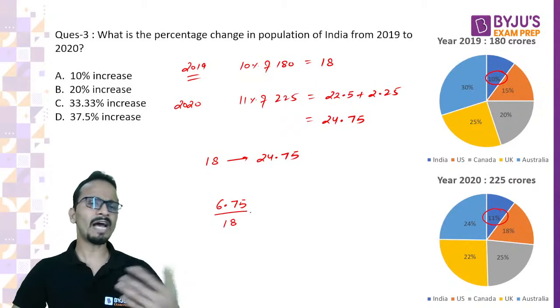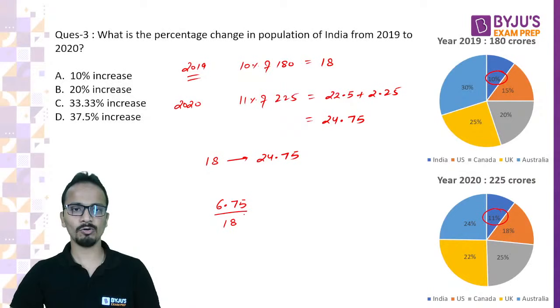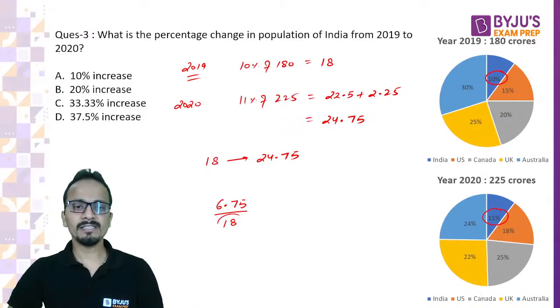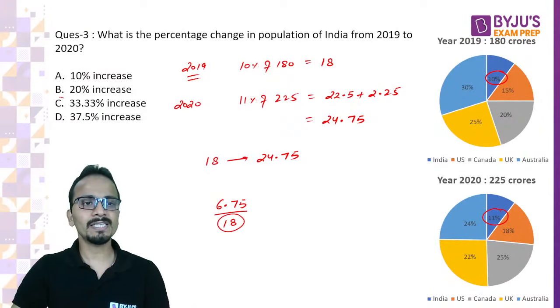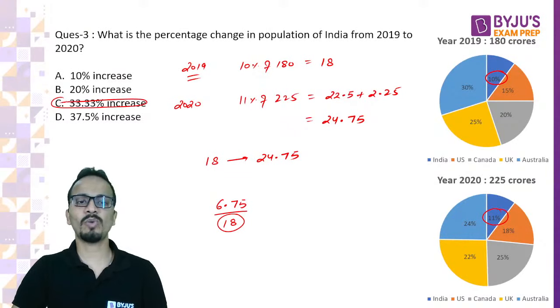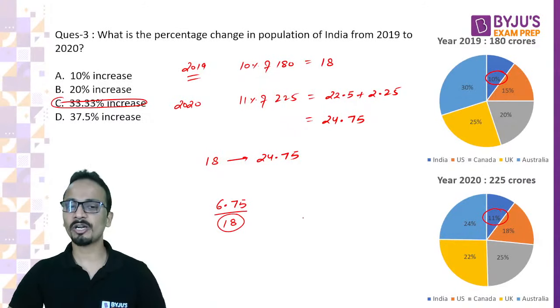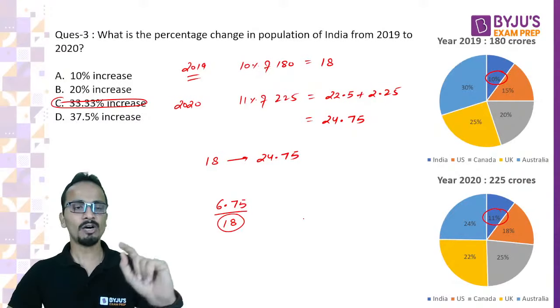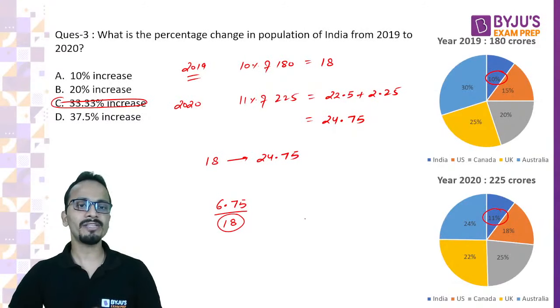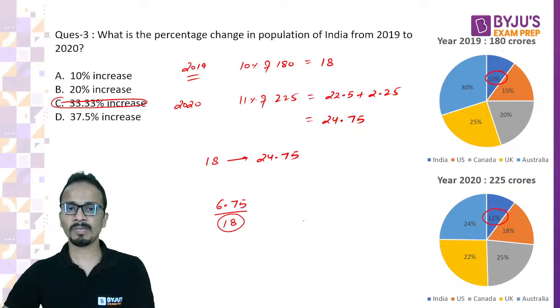If I want to eliminate options, one of the options you can see is 33.33, which is 1/3. Now listen to how to shortlist among the options. Option C is 33.33, that is 1/3. Now how much is 1/3 of 18? 1/3 of 18 is 6.